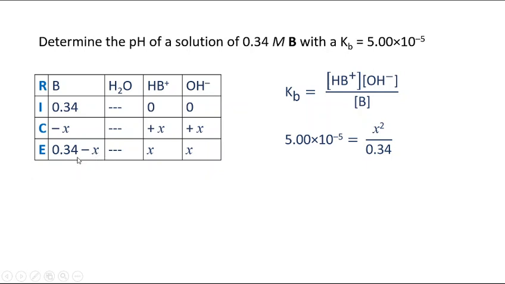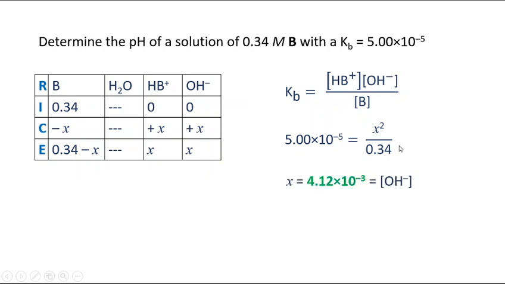I'm making the assumption that because our Kb value is times 10 to the negative 5, x is going to be relatively tiny compared to the 0.34. So I'm dropping the minus x portion. Here, HB plus is x, OH minus is x, and our B is just the 0.34, dropping the minus x. It makes life a little bit easier. The assumption is going to be safe, I promise you're going to be okay.